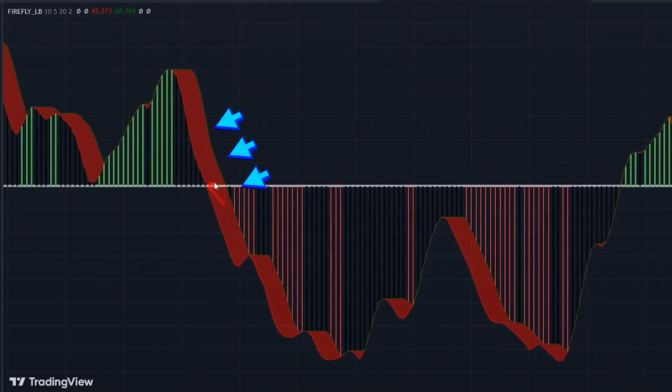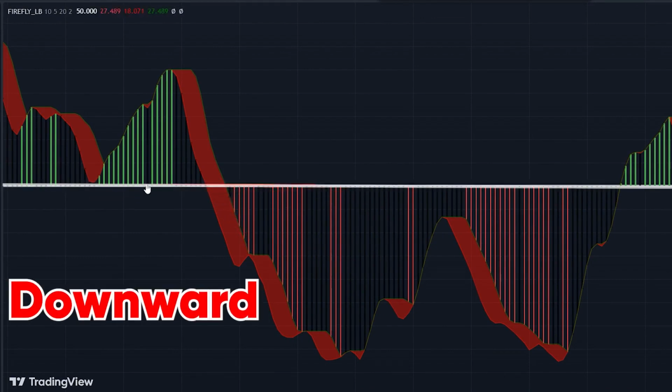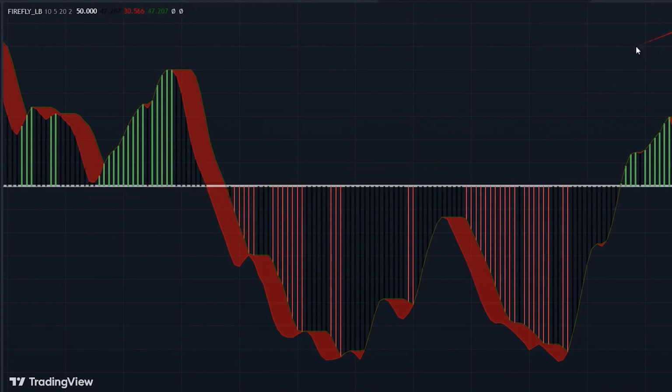When this indicator is red and crosses below the 50 line, moving downward, we can consider it a sell signal and enter a sell trade at this point to profit from the price decline.